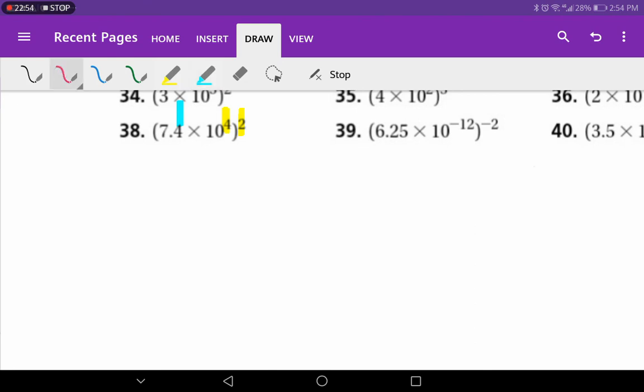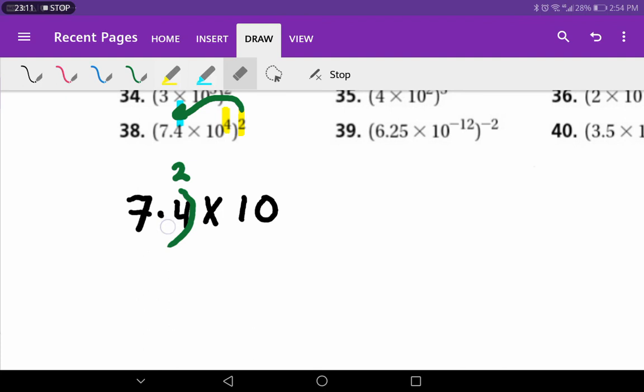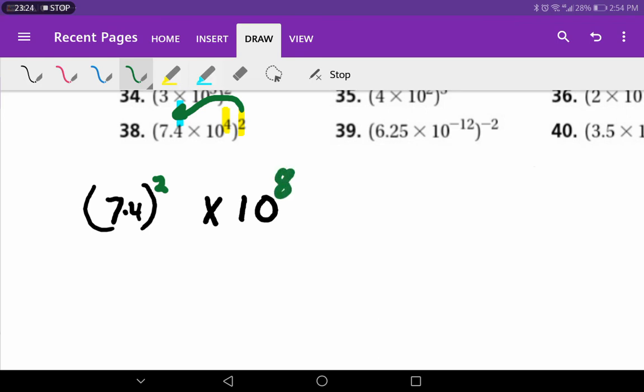So the first step, I write the numbers as they are without any powers. The second step, I multiply the 2 by the power 1, I get 2. So this is 7.4 with power 2, and 2 multiply 4 will be power 8.